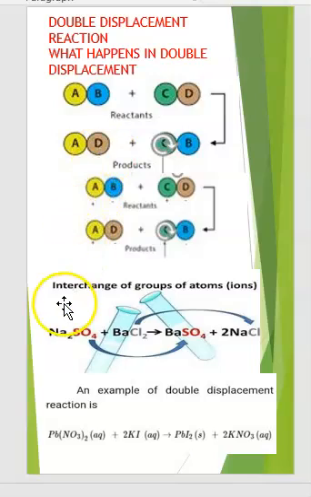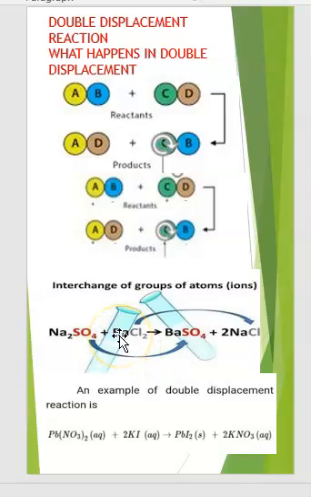Now look at one example of double displacement reaction, that is sodium sulfate reacting with barium chloride. Now if you can see, the negative ion is written in red color so that you can identify it very easily over here.